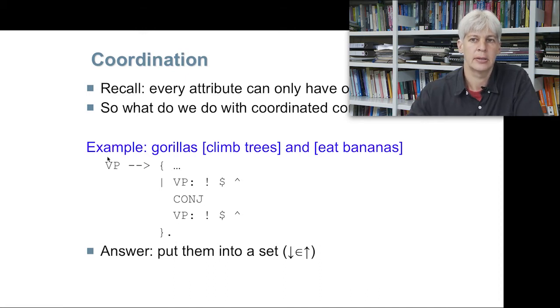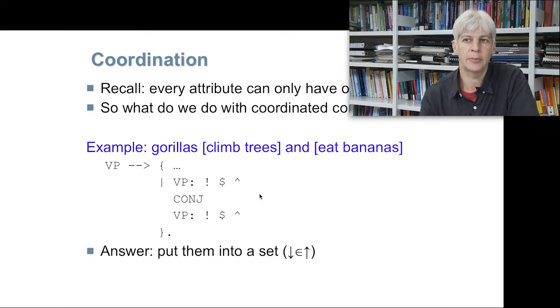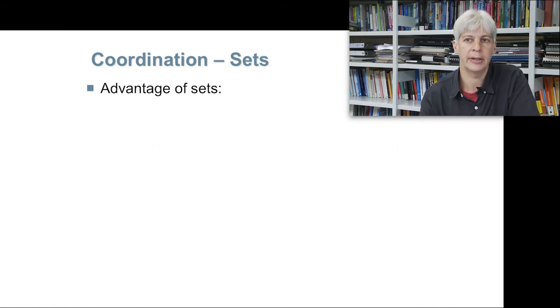This part is the normal VP. Then you have an additional disjunct which says or. You can have a VP conjoined. This is a conjunction that would take care of and, conjoined with another VP. And each of these VPs, I'm going to put them into a set. Okay, and then they will be part of this bag. And then I avoid the problem with having only one value.